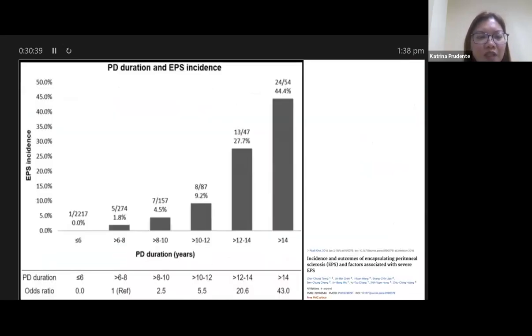Now, this figure shows the incidence of EPS and the PD duration in years. You can see that the incidence of EPS increases in patients who have had PD for more than 10 to 12 years, and a much higher increase in those with more than 12 years on peritoneal dialysis.